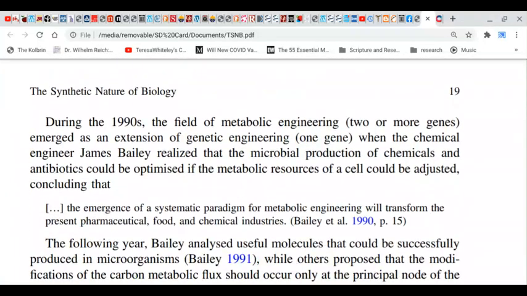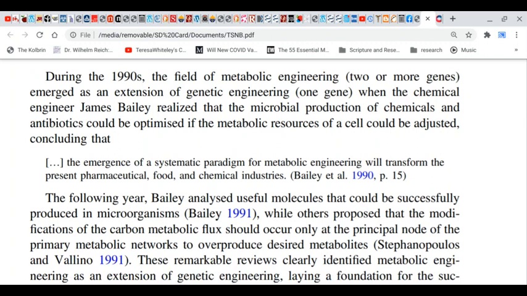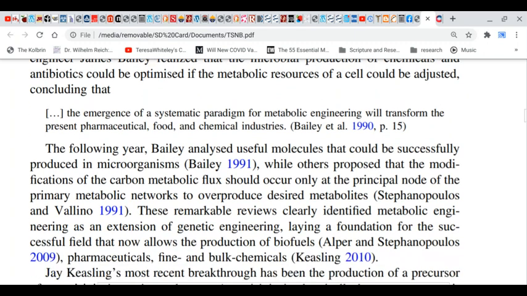During the 1990s, the field of metabolic engineering, two or more genes, emerged as an extension of genetic engineering, one gene, when the chemical engineer James Bailey realized that the microbial production of chemicals and antibiotics could be optimized if the metabolic resources of a cell could be adjusted, concluding that the emergence of a systematic paradigm for metabolic engineering will transform the present pharmaceutical, food, and chemical industries.